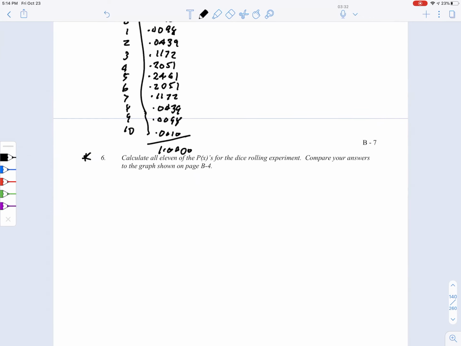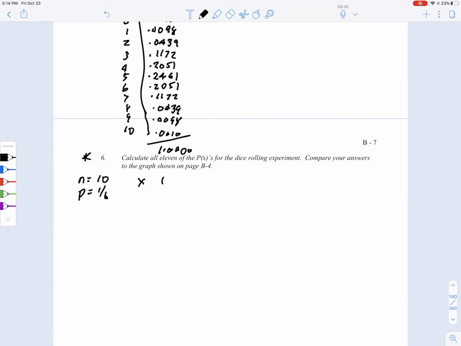So what I'd like you to do is the same thing for the 11 p of x's for the dice experiment. In that case, n was equal to 10 dice, and p is equal to 1/6, which is the probability of getting a 1. Anything else is considered a failure.